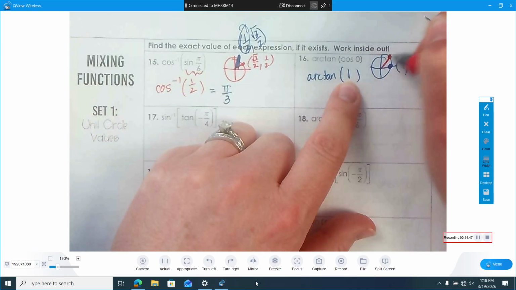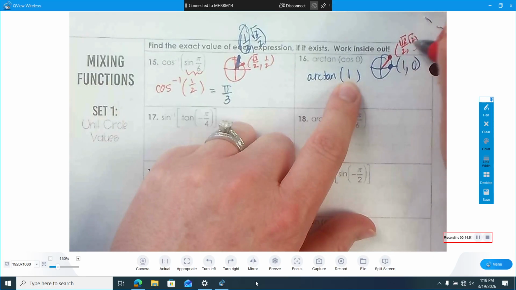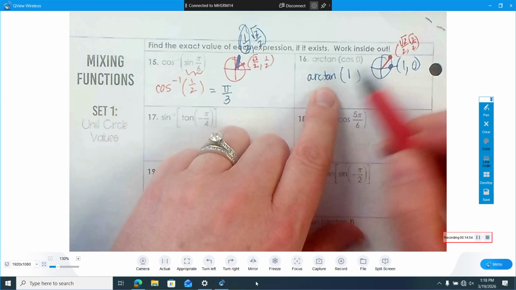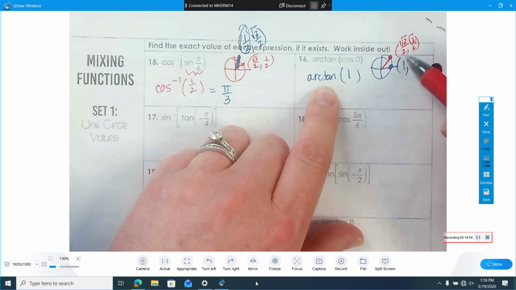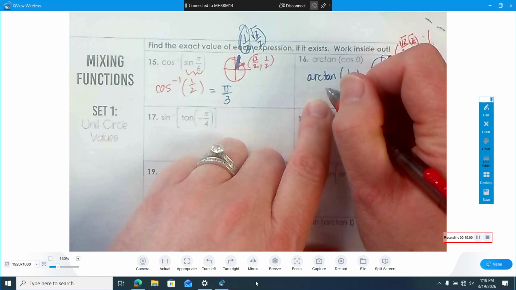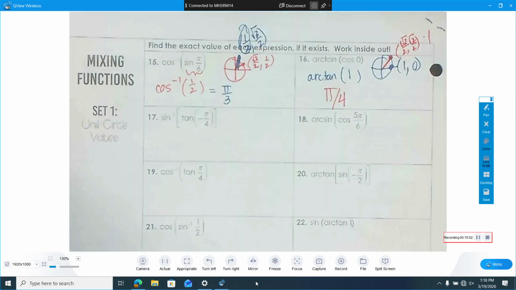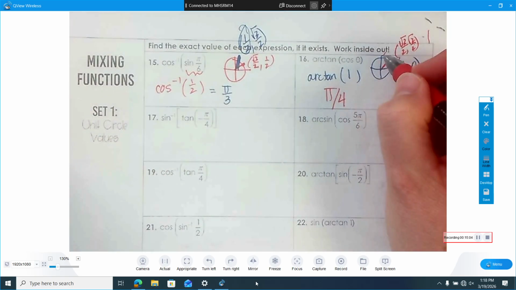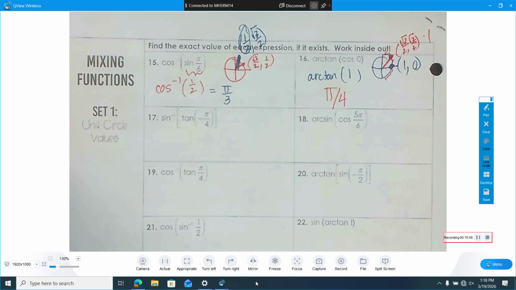Good. So right here at pi over 4, our ordered pair is radical 2 over 2, comma radical 2 over 2. The tangent ratio is y over x. So when we divide those, we get 1. And so that is pi over 4. And again, arctangent has to come from this right-hand side, so we're in the right space.